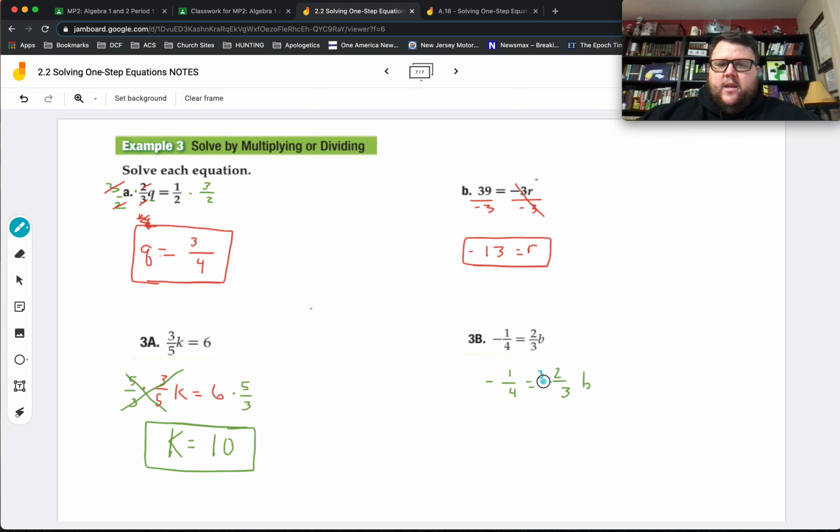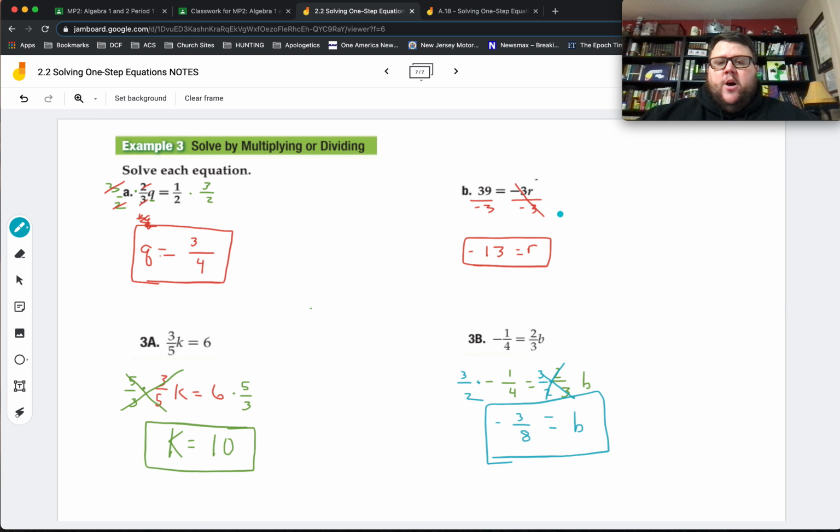So 3 halves times 3 halves. On the right side, they cancel out, b is left on the right. On the left, I have 3 halves times negative 1/4. So 3 times negative 1 is negative 3, over 2 times 4 is 8. So negative 3/8.